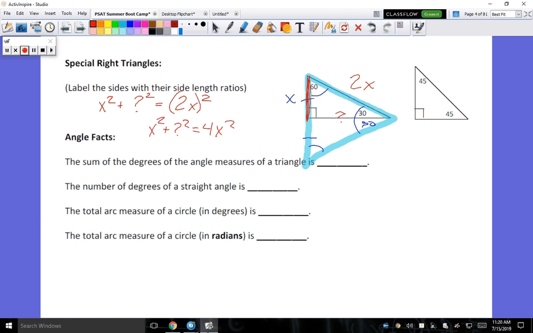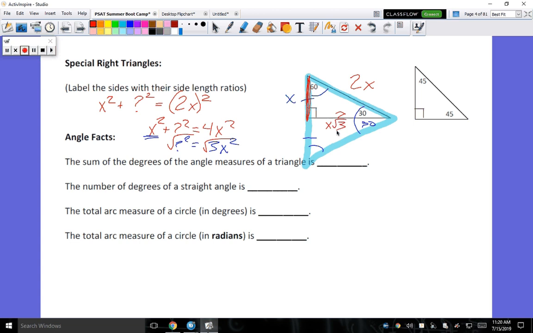Go with me? So now let's solve for question mark. How do we get question mark by itself? Subtract the x squared. So we have question mark squared equals 3x squared. And guess what? When we take the square root here, the 3 will stay in and the x comes out.